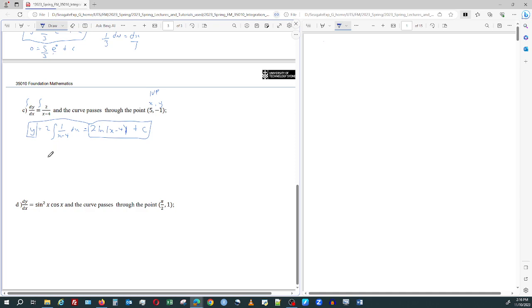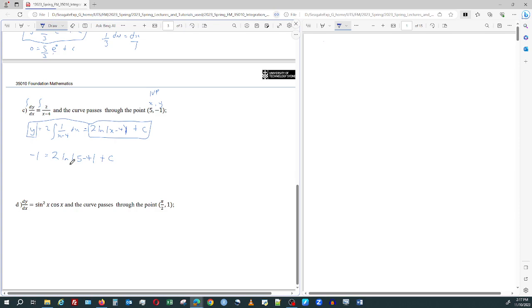So then we need to generate our particular solution. So when x is 5, y is minus 1 equals 2 the ln of 5 minus 4 plus c. So we're using our initial value problem.